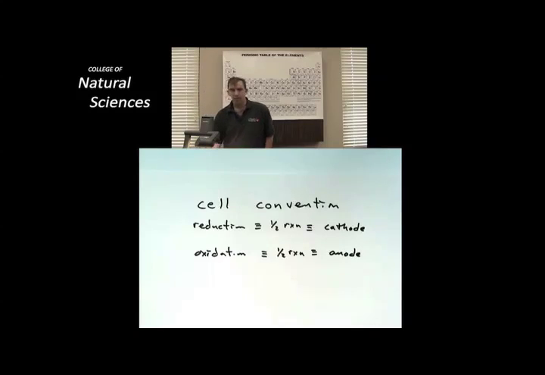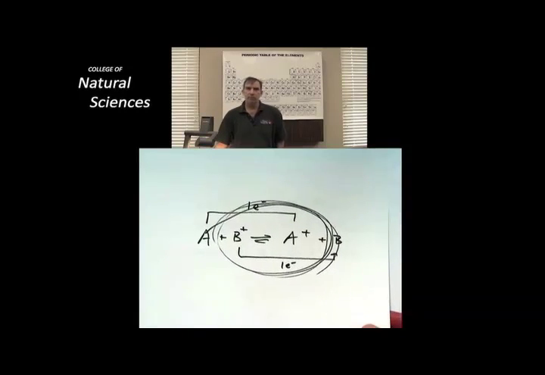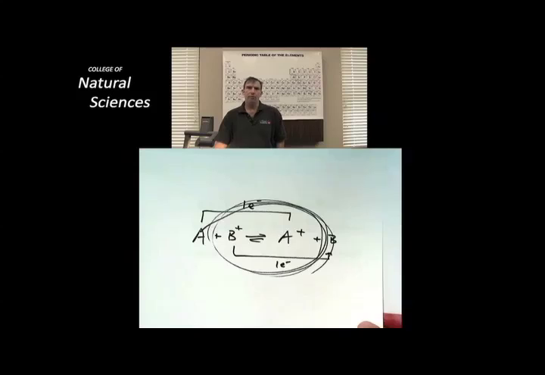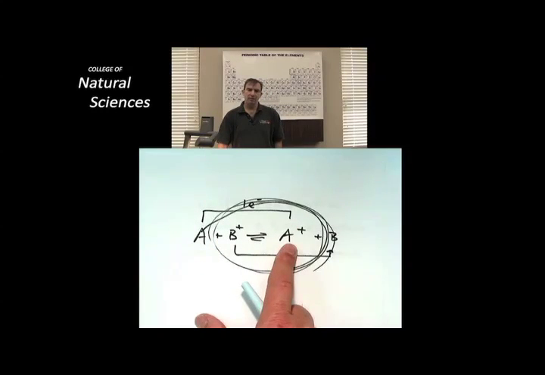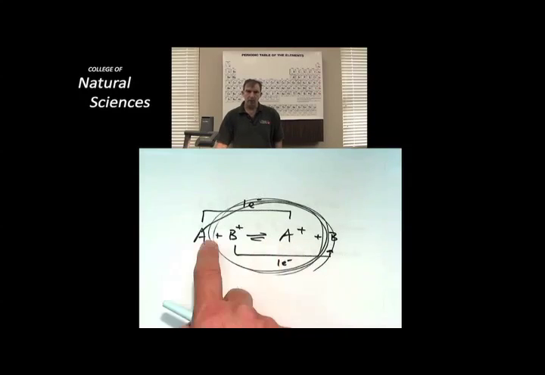When I was showing you pictures of electrochemical cells that I was balancing, when I was balancing redox reactions, I never said the word reduction as at a cathode or oxidation as an anode, but I could have. When I show you A becoming A+, I used to call it oxidation. Now I can call it the anodic process. I can say this is the process that takes place at the anode.